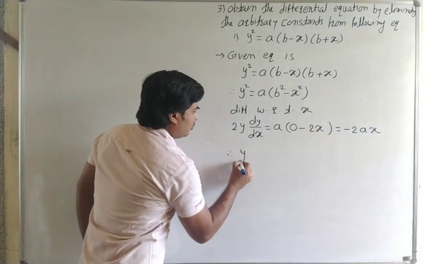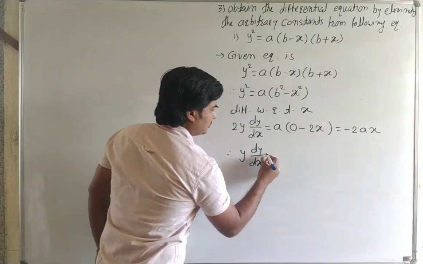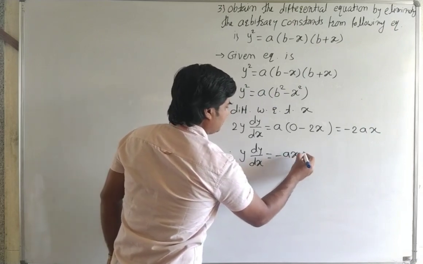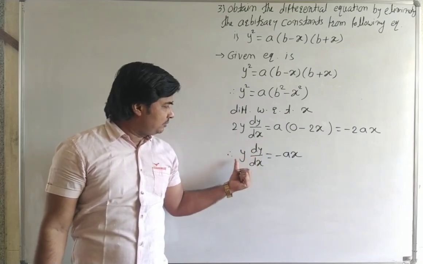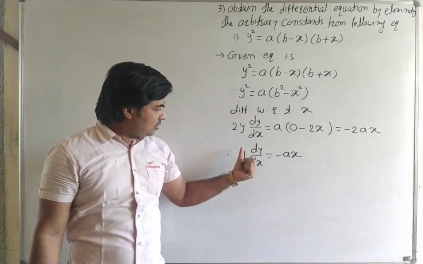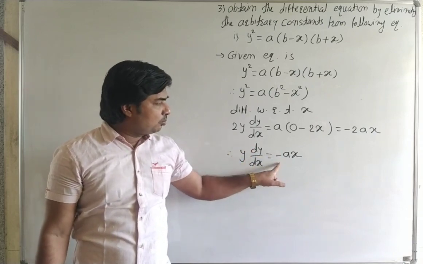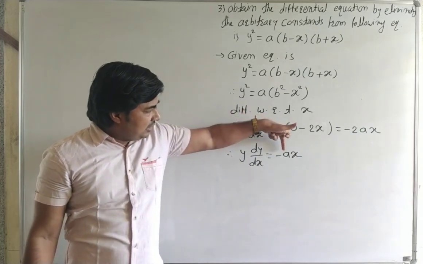We get y dy by dx is equal to minus ax. Here again it is an arbitrary constant.